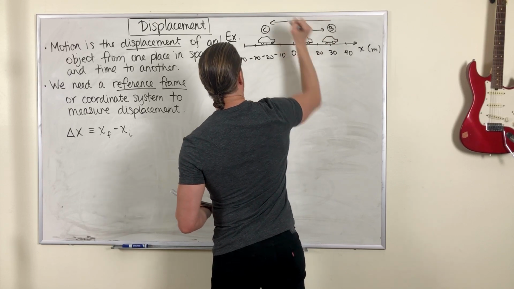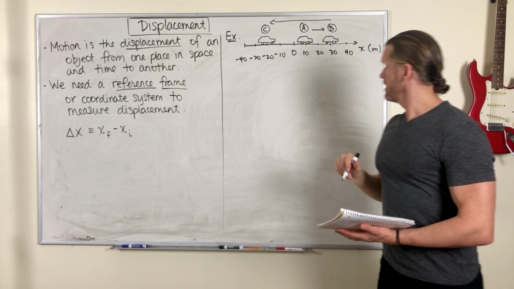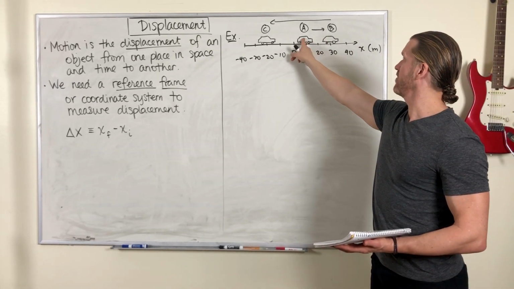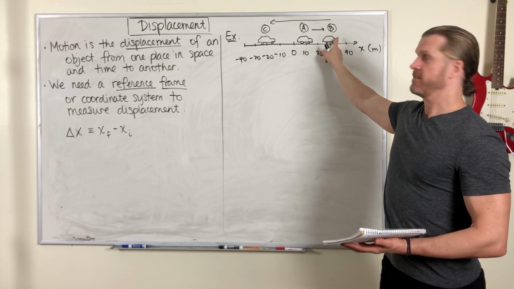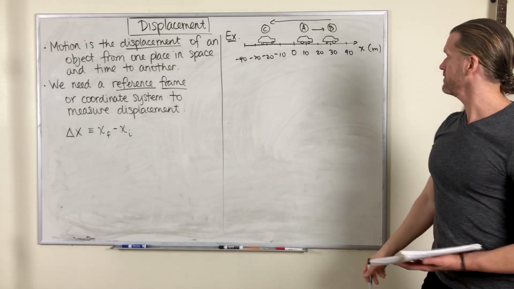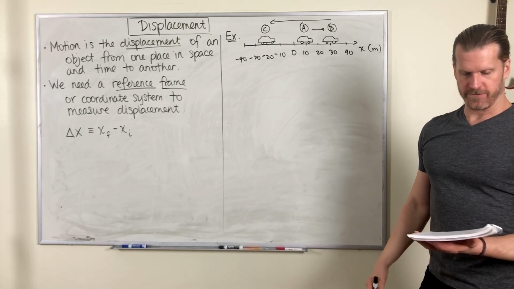Okay, so the car went from B to C, it just backed up. So this is the motion that's happened. The car starts out here, it drives to the right, stops and backs up, it ends up at location C. So let's start learning about how to describe this motion.